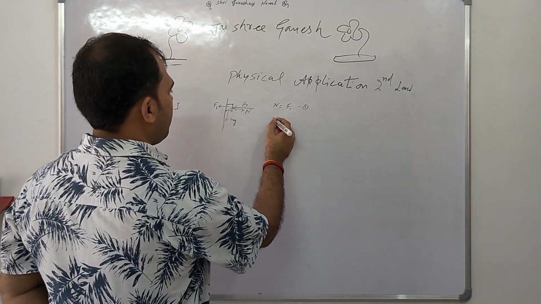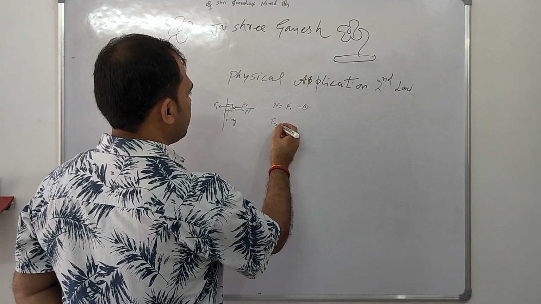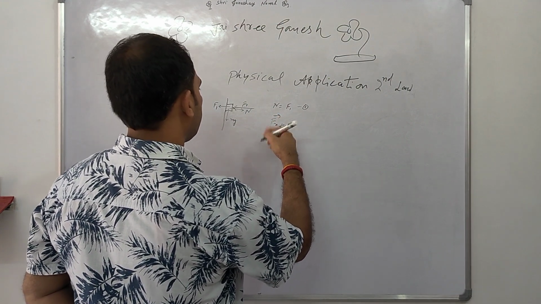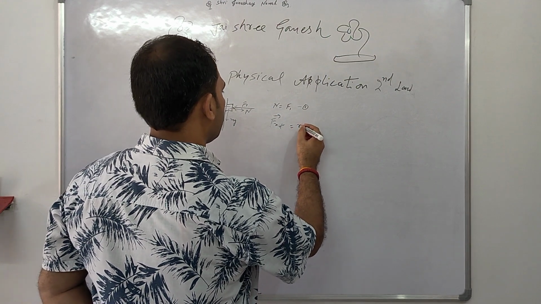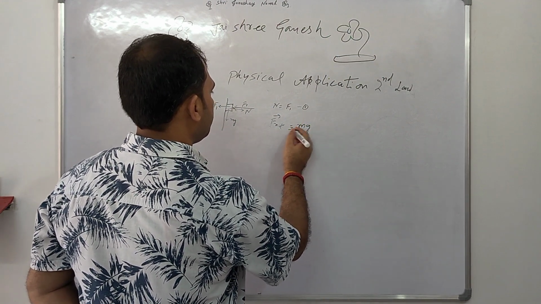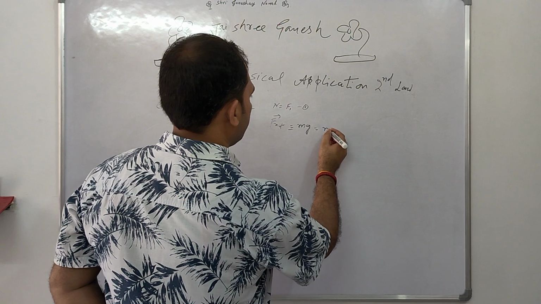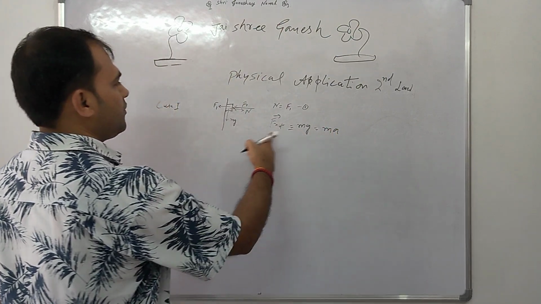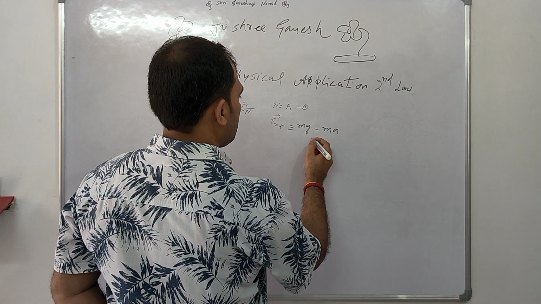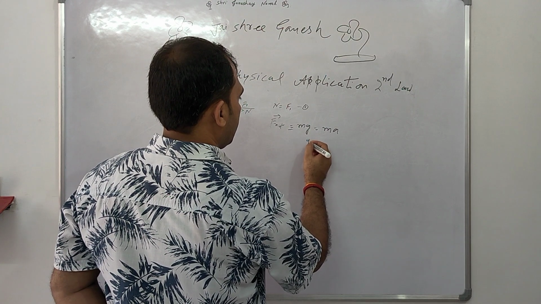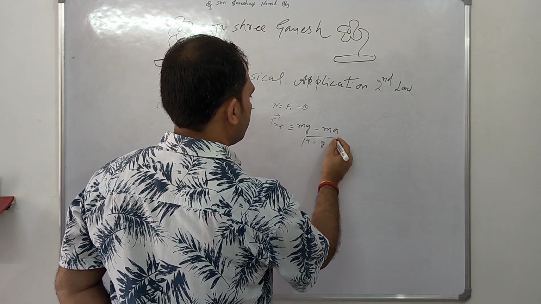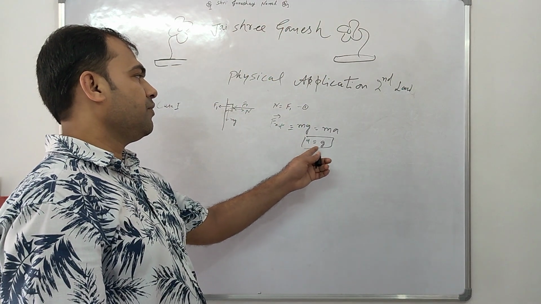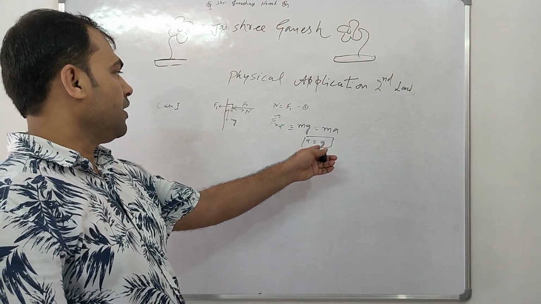So F net will be equal to mg, which will be equal to ma. So a will be equal to g. The body will move with an acceleration equal to g.